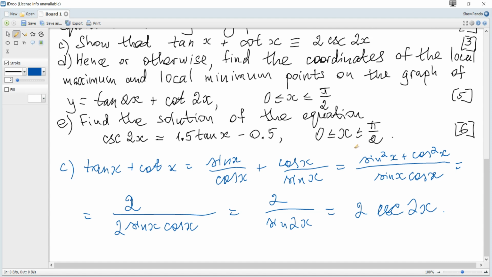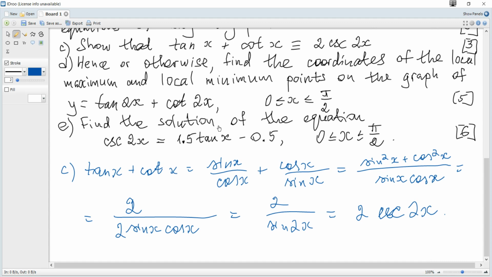D. Hence, or otherwise, find the coordinates of the local maximum and local minimum points on the graph of y is tangent of 2x plus cotangent of 2x.